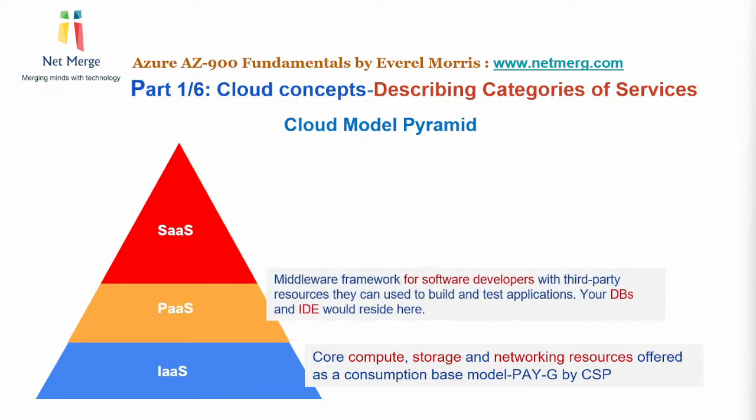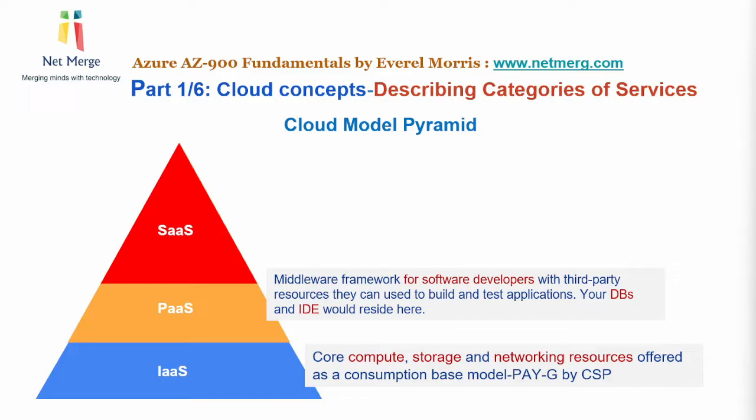Now, the next tier is referred to as a middleware framework, and this is specifically for software developers, a different type of end user. Infrastructure as a service is for system administrators. Now, this is for software developers, third-party resources that you could use to build and test applications. So your databases, your Cosmos DB, your SQL database, your Postgres database, your MySQL, they would all be located at this location.